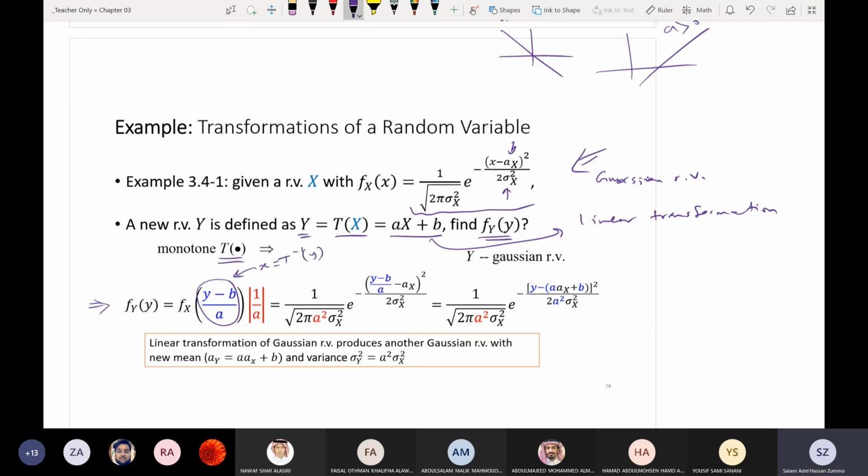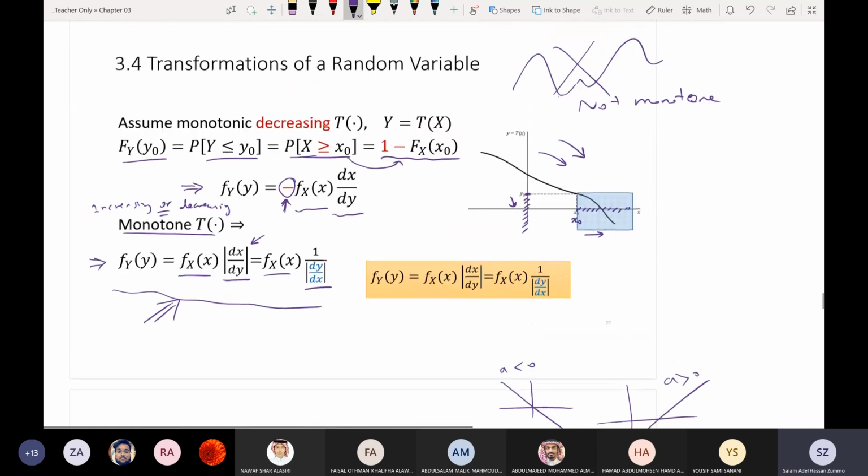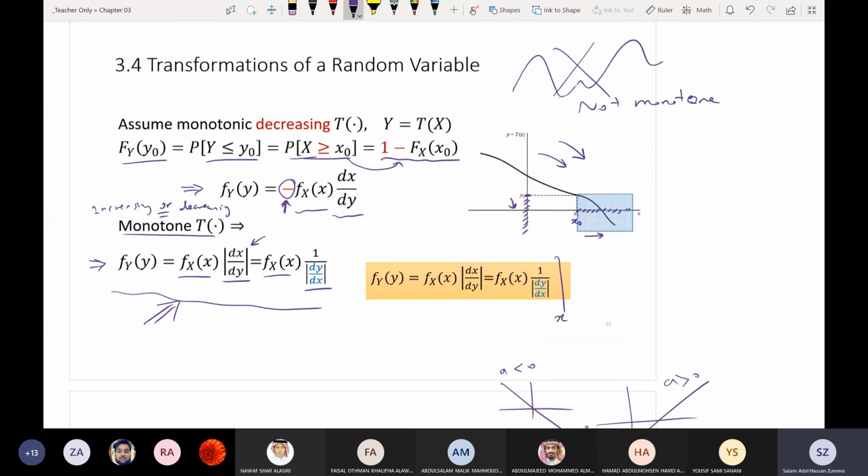So what we put here at the end يا شباب, ترى يمكن مو واضحة هنا. Here this needs to be evaluated at x equals T inverse of y, لأنه ما ينفع هنا y وهنا x. At the end I need everything in terms of what? y, صح؟ f_Y(y) is a function of y. So x has to be replaced by T inverse of y. Similarly here, x equals T inverse of y.